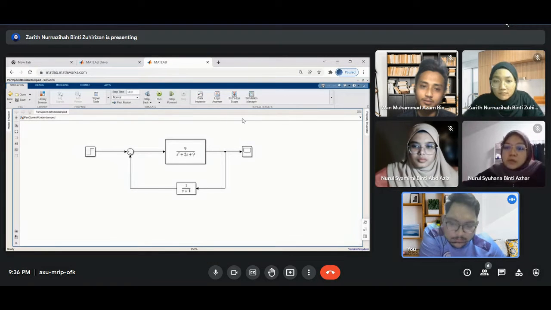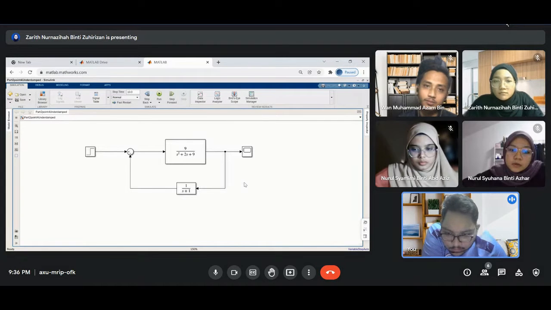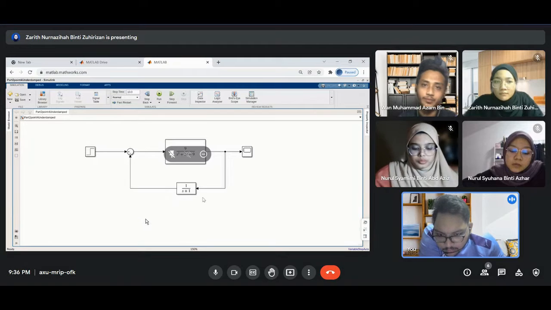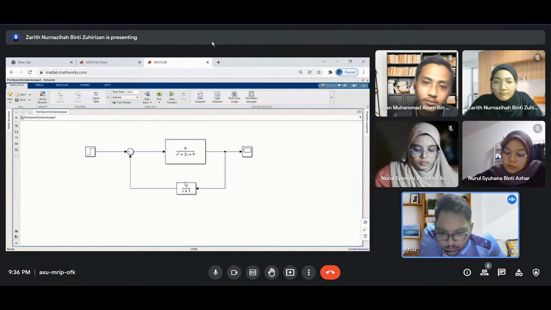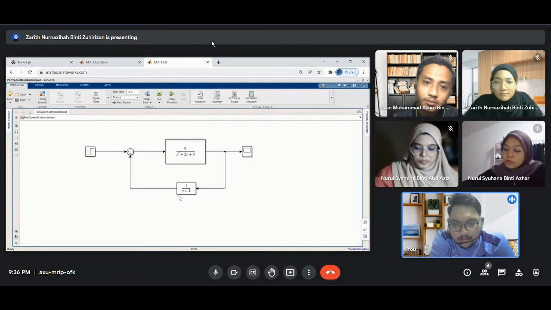Assalamualaikum warahmatullahi wabarakatuh. So I will be presenting the underdamped condition. As you can see in the simulation, the transfer function equation is what we used in the previous lab, Part 1.